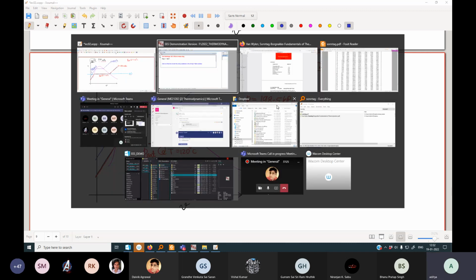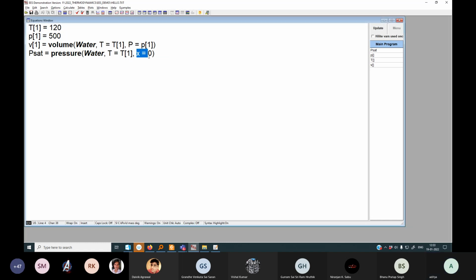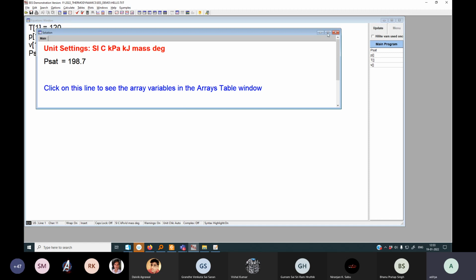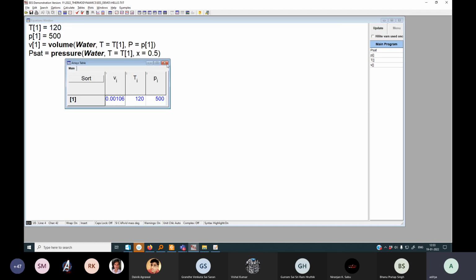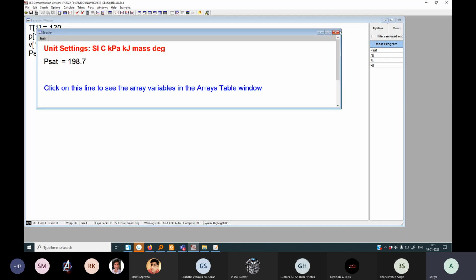Now, what do you think will happen if I choose any other value of x? I am fetching the pressure of water at a certain temperature at some x. Now, this x could be anything. Even if I say x equal to 0.5, it will still return me the same value, 198.7. Even if I make it x equal to 1, it will give me the same value, 198.7.